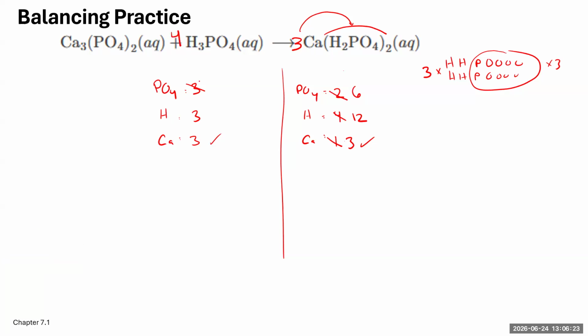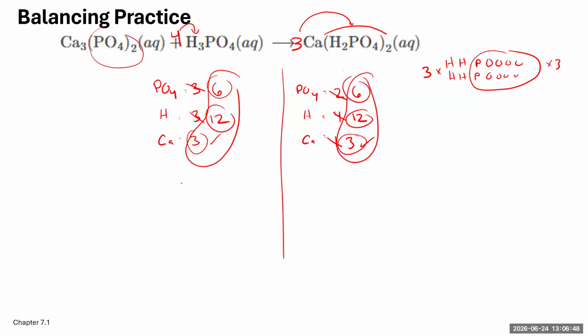So we need 4. So now that gives us 1, 2, 3, 4, 5, 6 phosphates. 6, 6, 3, and 3. We're almost there. But now that gives us 4 times 3 hydrogens. That gives us 12 hydrogens. So now we're all set. These are the same as this. Let's rewrite it.